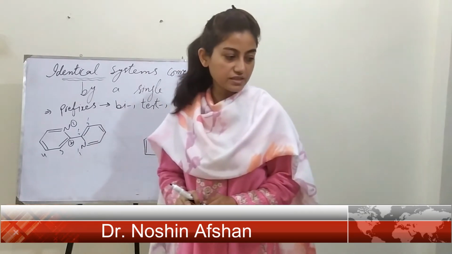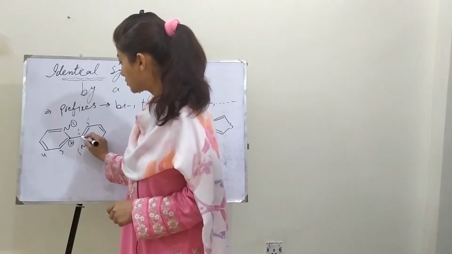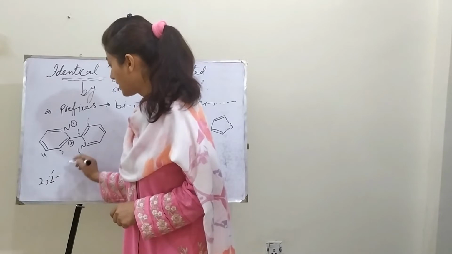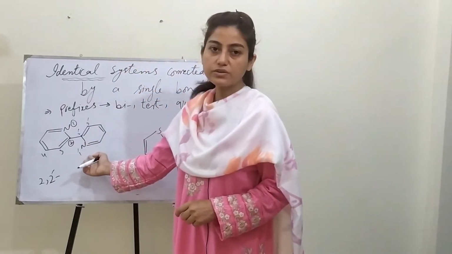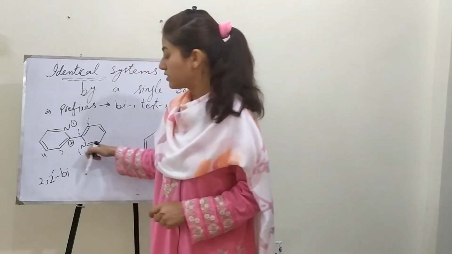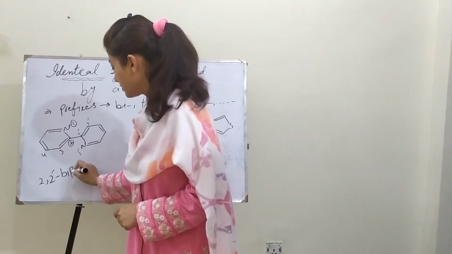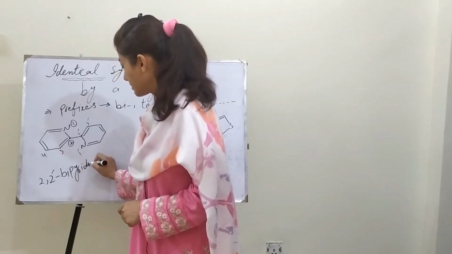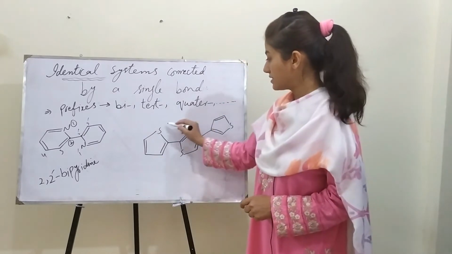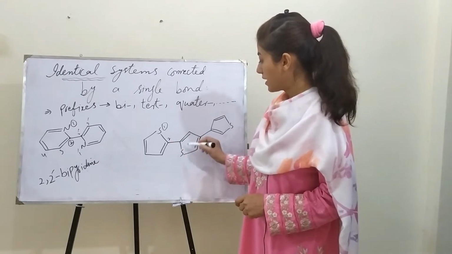And in this way its name would become, here the connectivity is at 2 and 2 prime positions, so we will use 2,2 prime, and as there are 2 heterocycles, we use the prefix bi, and every heterocycle is pyridine, so we will use here bipyridine.